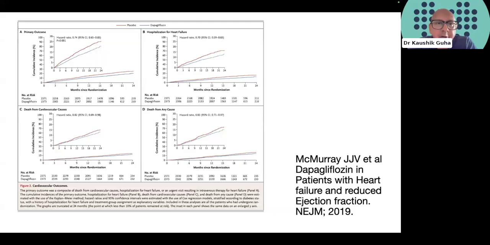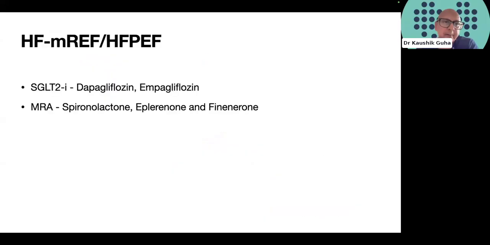If one concentrates on the diagram from B or graph B, you can see that there is a very early divergence of the 2 curves. So a prescription of dapagliflozin actually reduces the patient's chances of hospitalization for heart failure after only 14 days from the prescription. And this emphasizes the need to introduce our patients early to our evidence-based therapies.